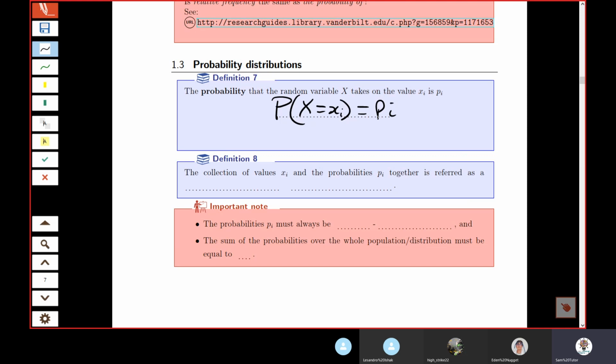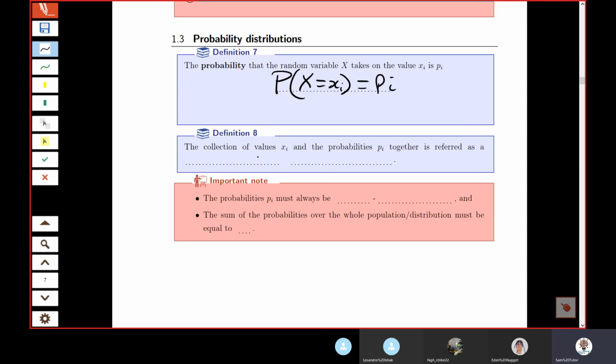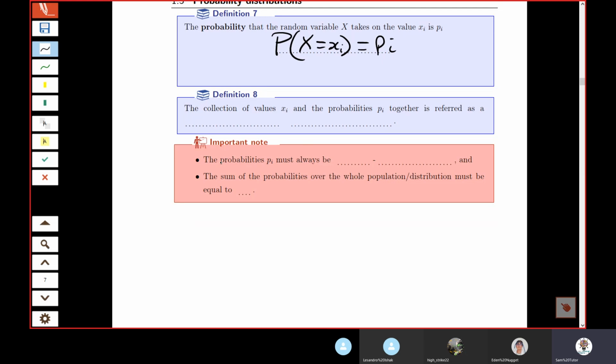Don't let that confuse you, don't stress. The collection of values and the probabilities together is referred to as this, they're the summation of your probabilities. They will equal 1. The probabilities p must always be between 0 and 1, and the sum of the probabilities over the whole population must equal 1.